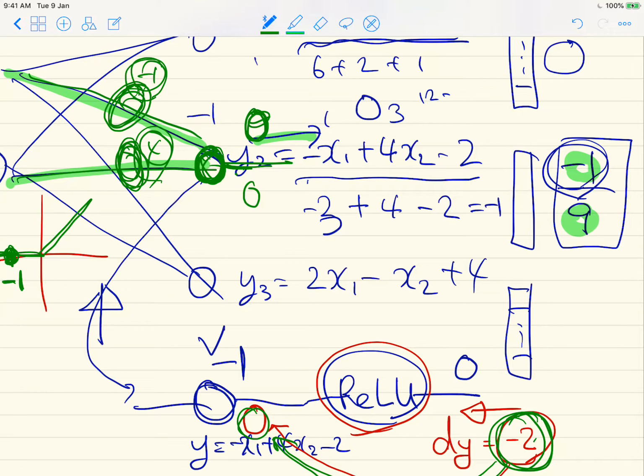That actually makes our ReLU become dead. Okay, so this kind of dead ReLU can be generated during our training, also at the initial stage of our iteration.